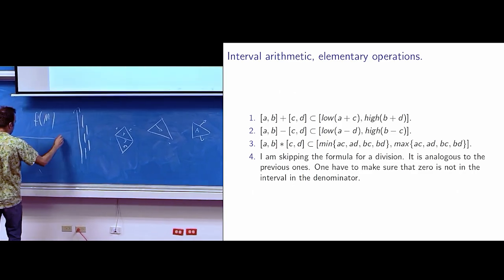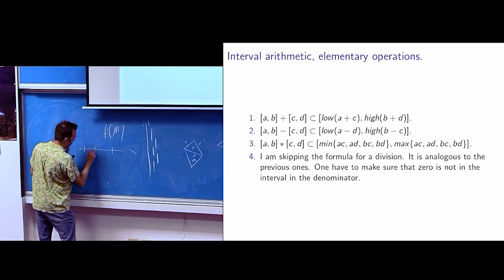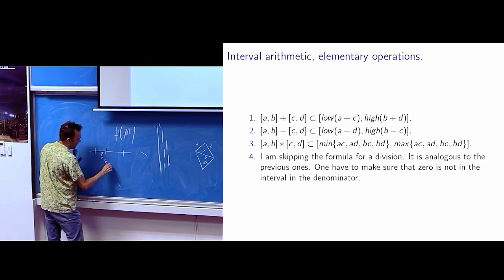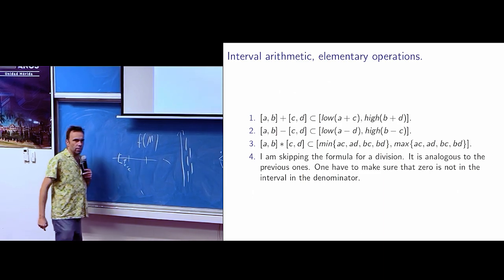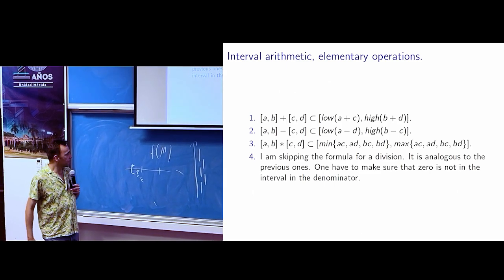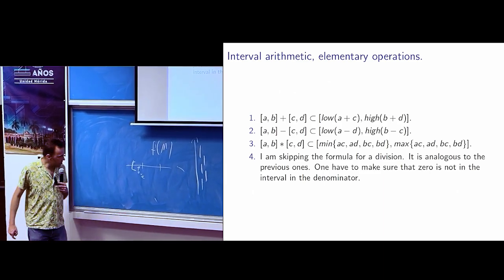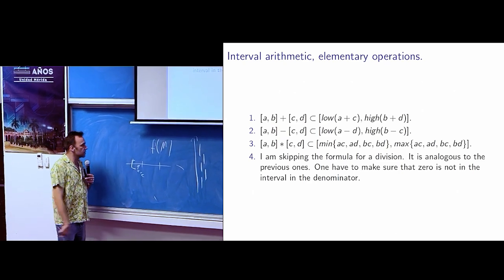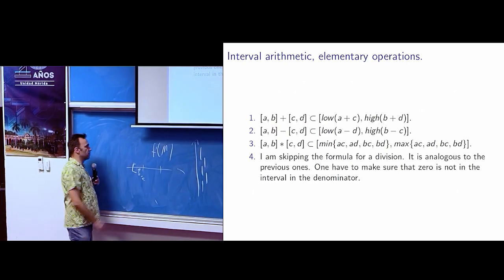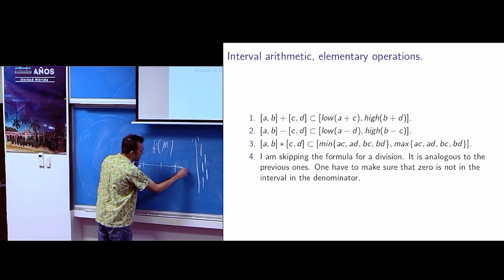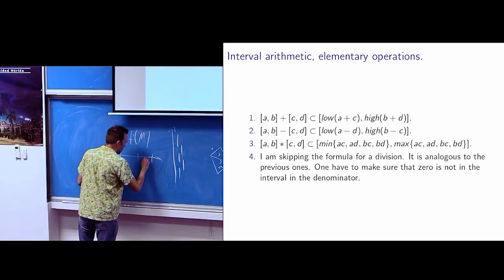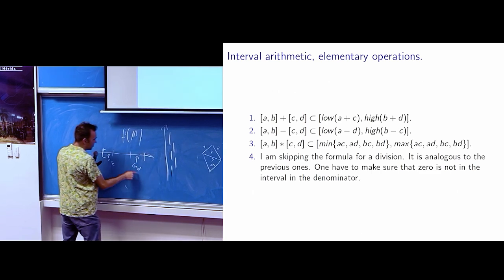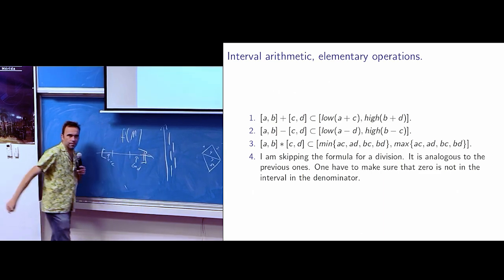So if those are representable numbers, and A plus C lands somewhere here, I want the end of my interval to be over here. This way, whatever the real result of this addition is, I enclose it from that side, and symmetrically from the other side. When B plus D ends up somewhere here, then I want this number.